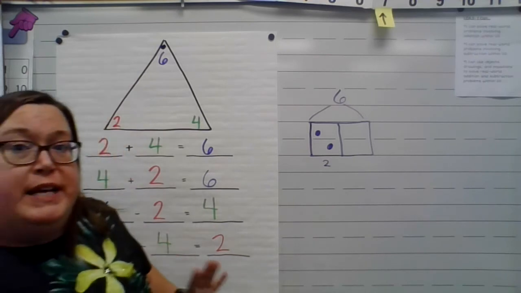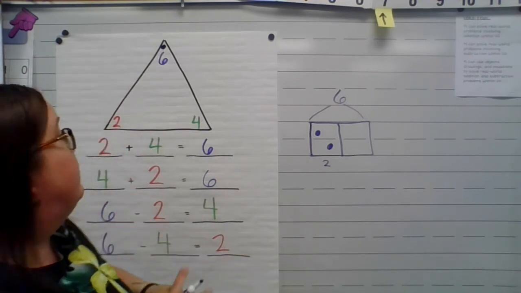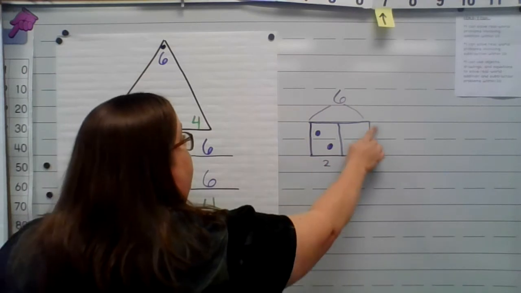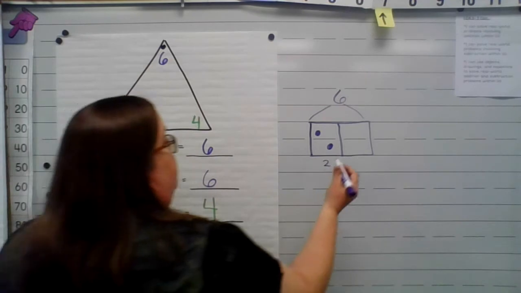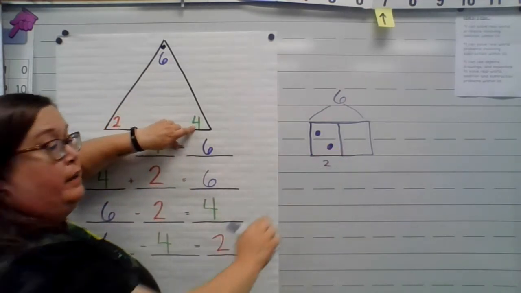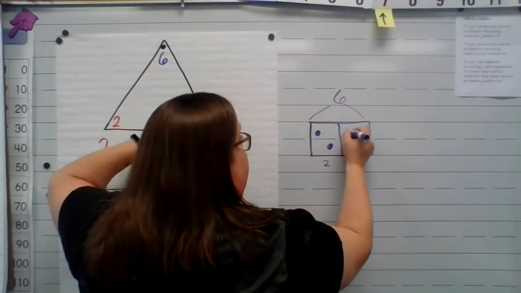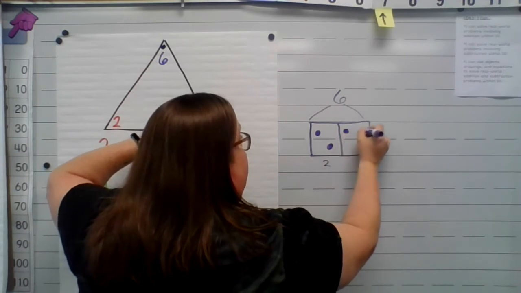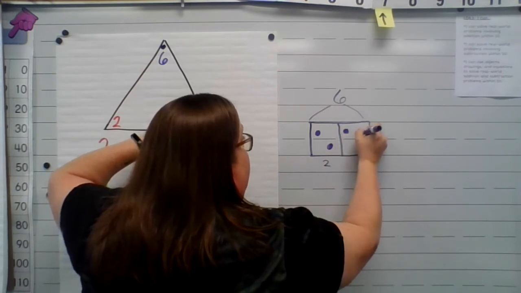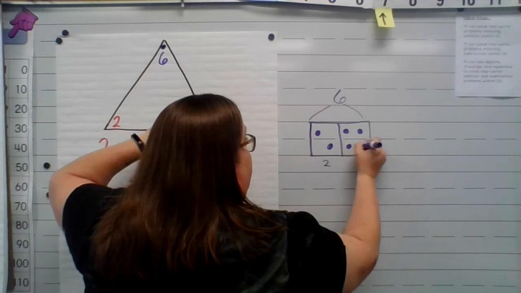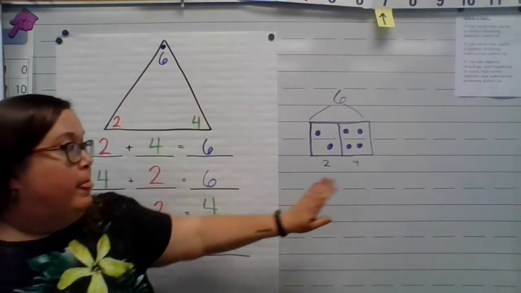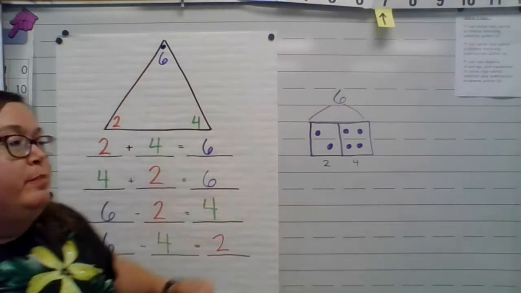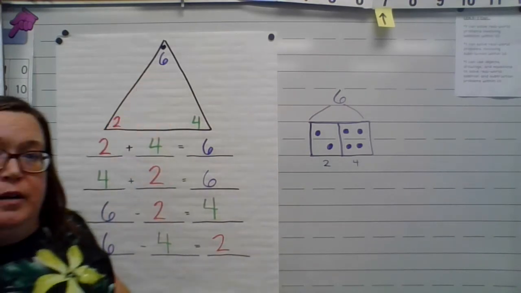So far we've taken care of showing the 6 and the 2. Now we're going to draw 4 dots here. So this should be the same as this. Okay?